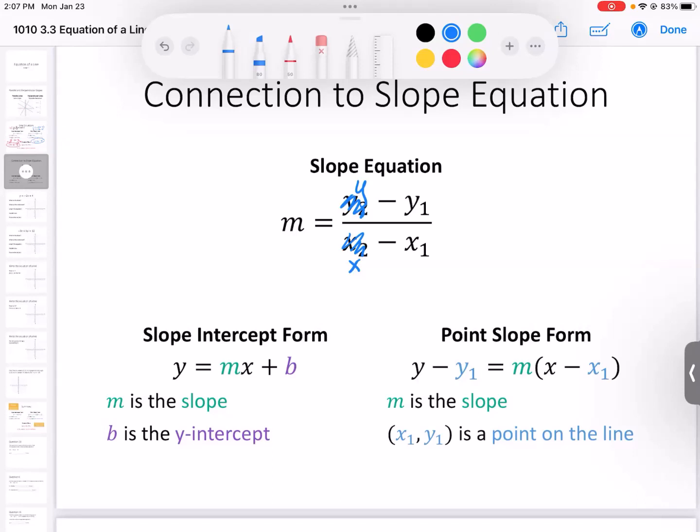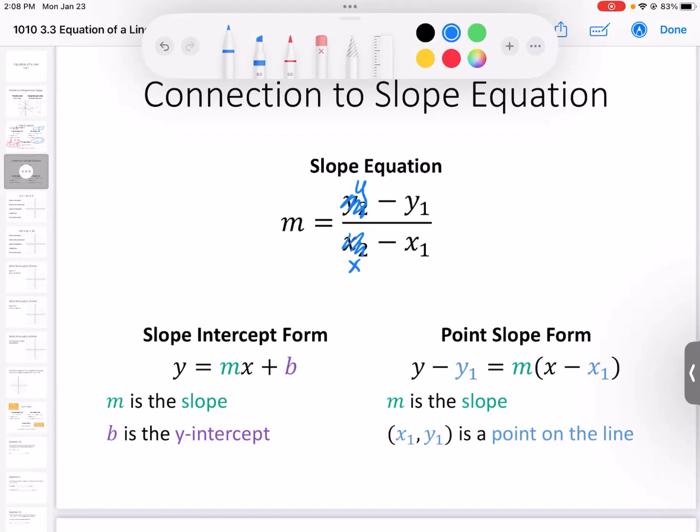And so that gives you m times the denominator equals the stuff that was on the top. So point slope form is essentially a rearrangement of the slope equation, where instead of having numbers for both of your coordinates, you put in general variables for one of your coordinates. Does that kind of make sense?